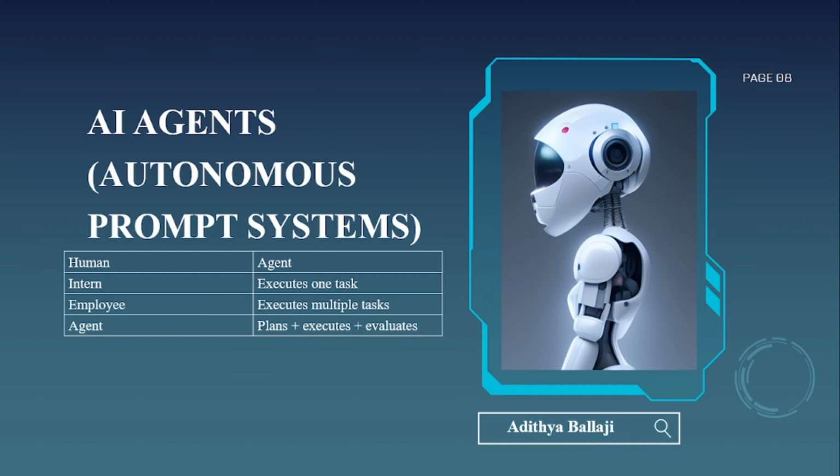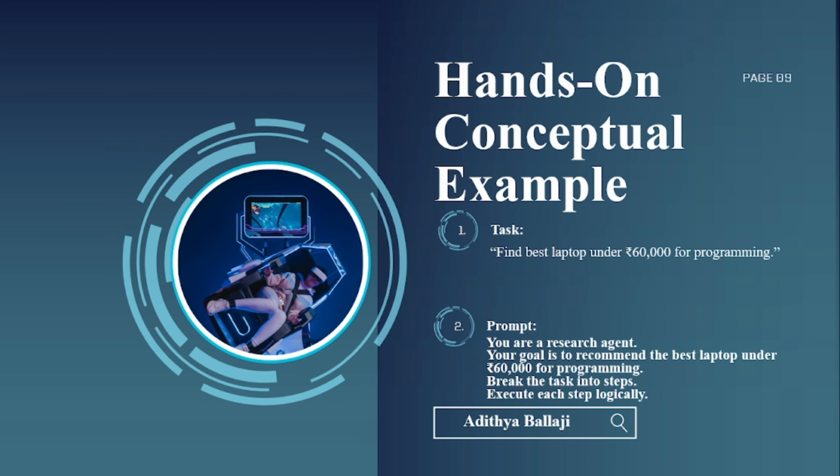Now, the difference by example: a human and the agent. An intern executes one task, an employee executes multiple tasks, but an agent plans, executes, and evaluates. It does all the tasks. That is an example to showcase what an agent can do.